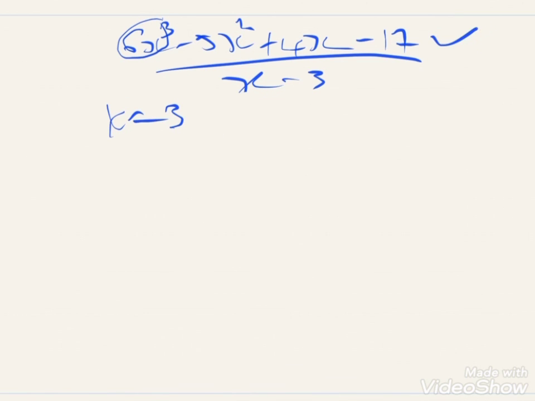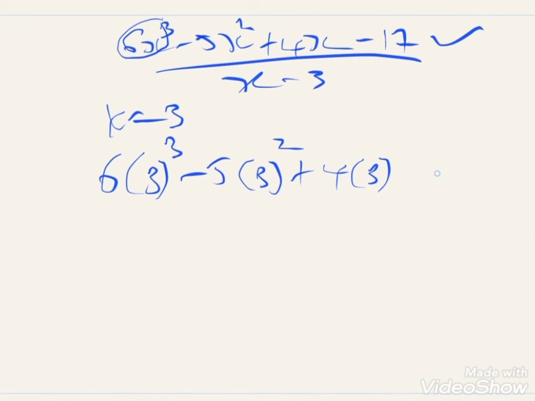Then in place of this expression, we have 6 times 3 raised to the power 3 minus 5 times 3 raised to the power 2 plus 4 times 3 minus 17. When we evaluate this, we will have 112, which is our remainder. And since there is a remainder, the linear expression here is not a factor of the given expression.